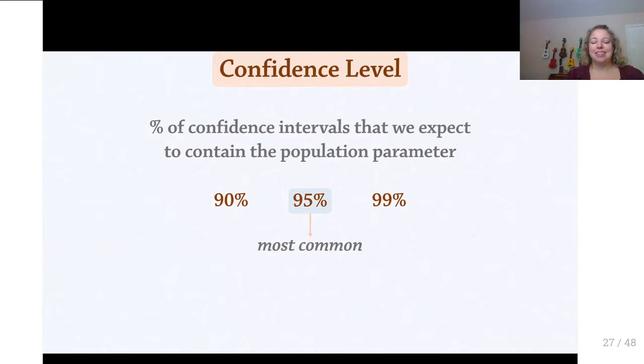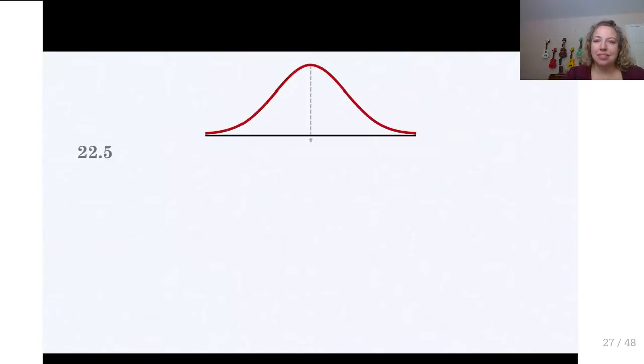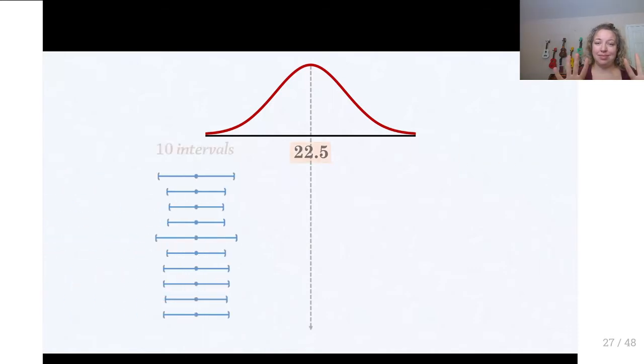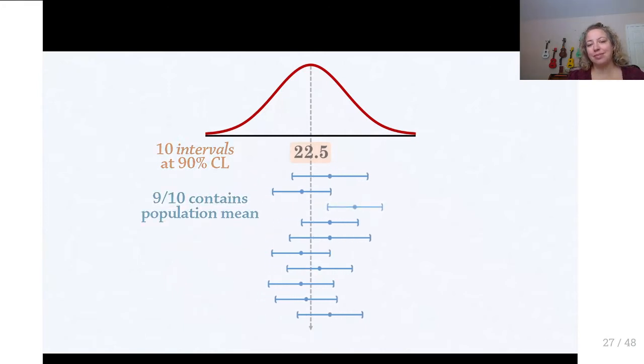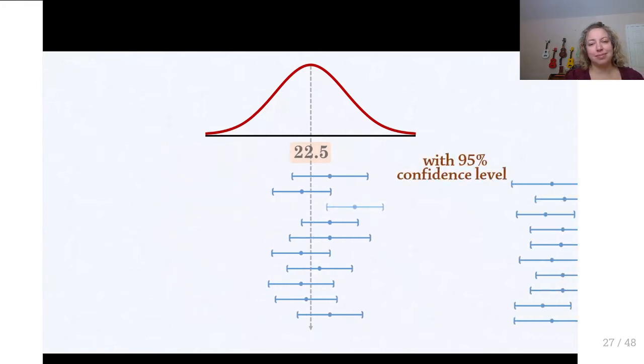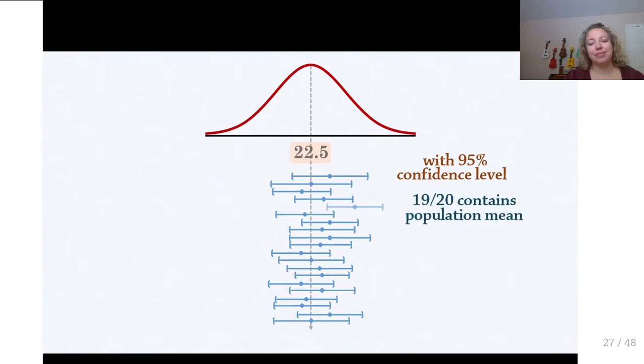To illustrate, suppose the true population mean age at the college is 22.5. If we select 10 samples of the same size and construct 10 confidence intervals at 90% confidence level, we will expect 9 of the 10 to contain the population mean. And with 95%, we will expect 19 out of 20 intervals to contain the population mean.